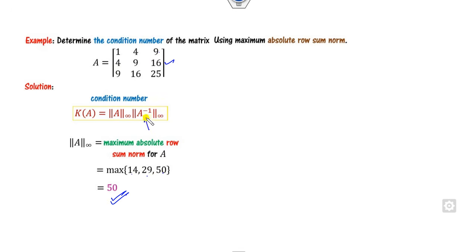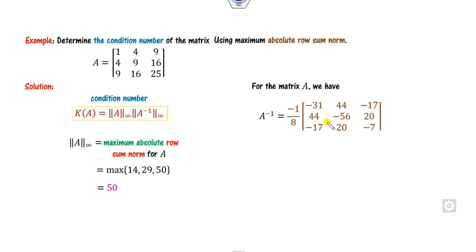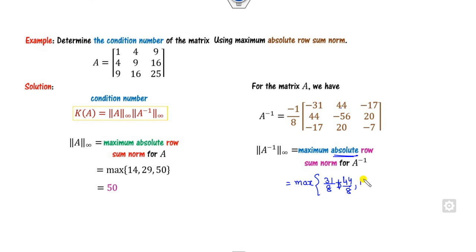In order to find the norm of A inverse, we first find the A inverse. We have the matrix A, and you can find its inverse. Then what is the norm of A inverse? It is the maximum absolute row sum of this. It will be plus 31 over 8. It's a minus, but we take the absolute values, so plus 44 by 8 plus 17 by 8, comma.